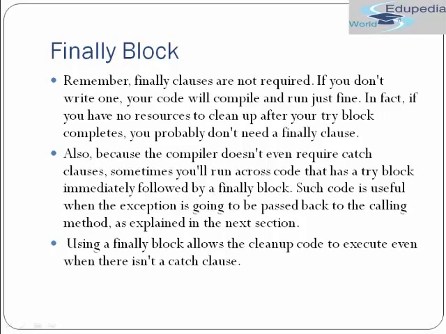Such code is useful when the exception is going to be passed back to the calling method, as explained in the next section. Using a finally block allows the cleanup code to execute even when there isn't a catch clause. So you can still have a finally clause if there is no catch clause, but the rule is that try should be followed by either a catch block or a finally block. If even one of them is there, then we don't have any issues.